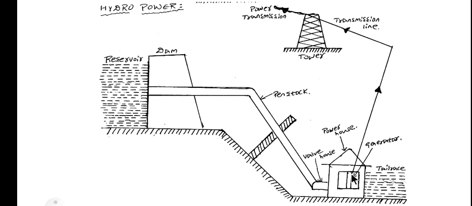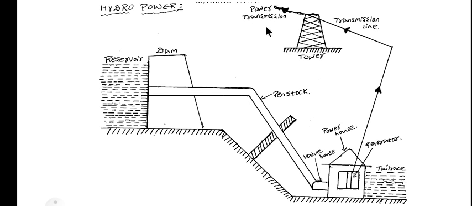Here we are seeing the generated electricity is transmitted to the substations, where substations consist of a transformer, and the transformer increases the voltage to the required level.